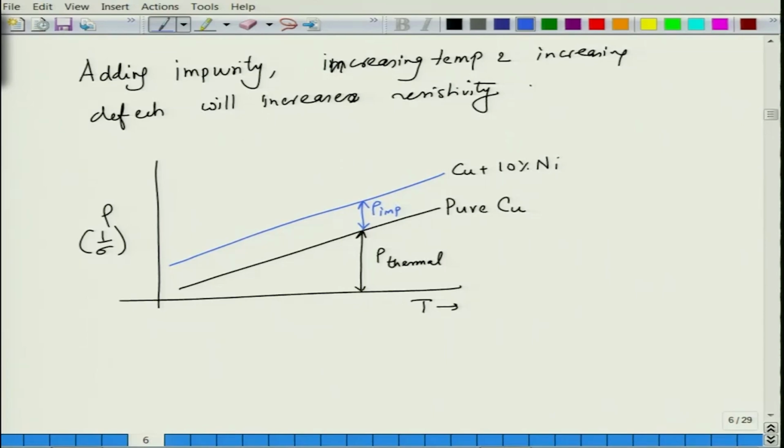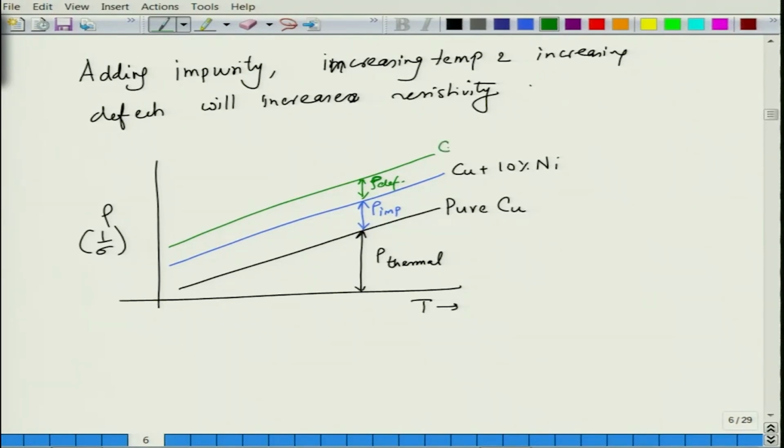Okay. Now let us say you add some amount of deformation to it. So when you add some amount of deformation to it, this is the extra contribution that you create as a result of rho defects, because deformation causes dislocations and defects to be created, and as a result resistivity increases.